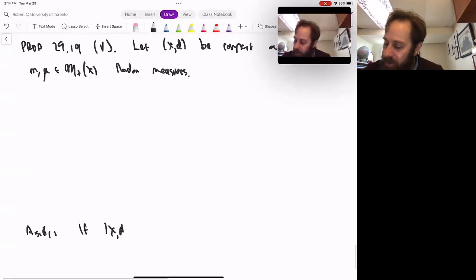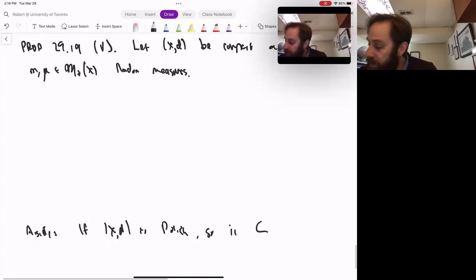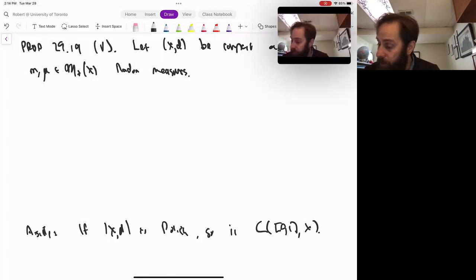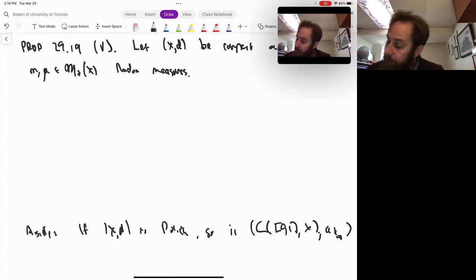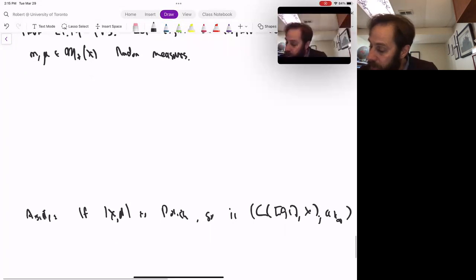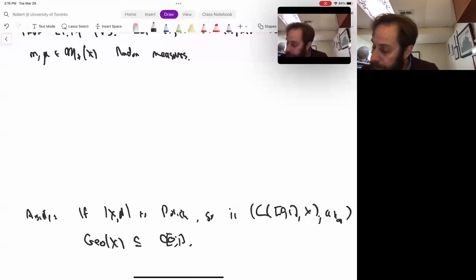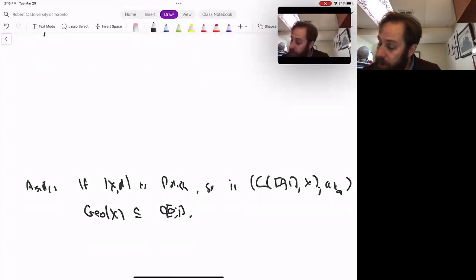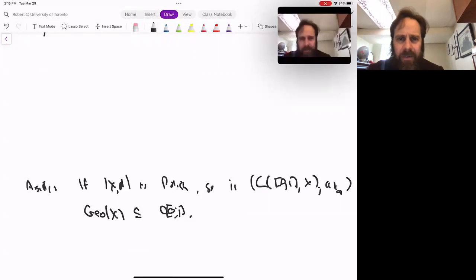If (X, d) is Polish, so is the set of continuous maps from [0,1] into X under the supremum norm. And of course the geodesics on X are a subset of C([0,1], X). And Villani has this notion that he calls dynamical transference plans.